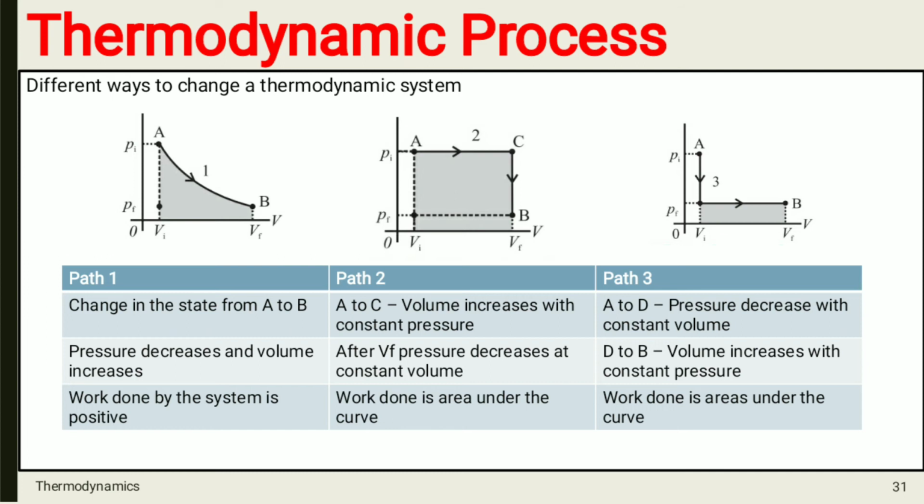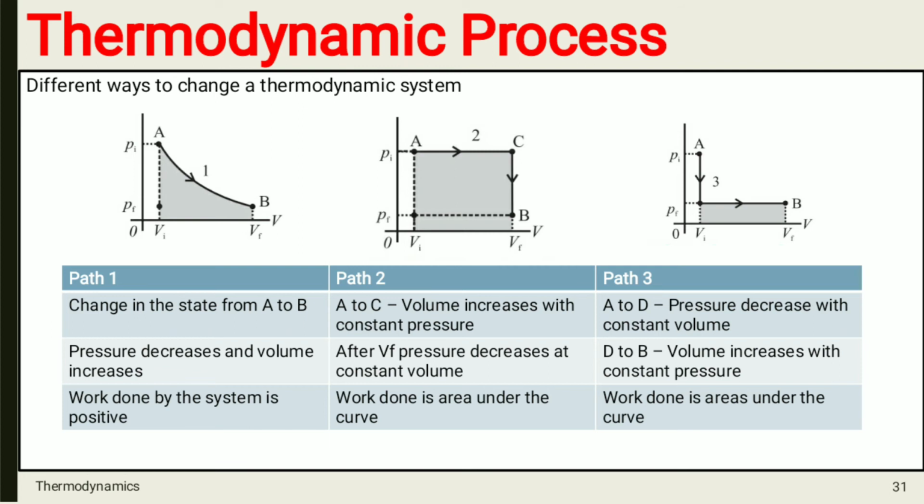Now, in the second case, after C, volume of the system is constant, which is Vf, and pressure decreases from Pi to Pf, or you can say that after Vf, pressure of gas decreases at constant volume. In such a case, we can calculate work done as area under the curve.